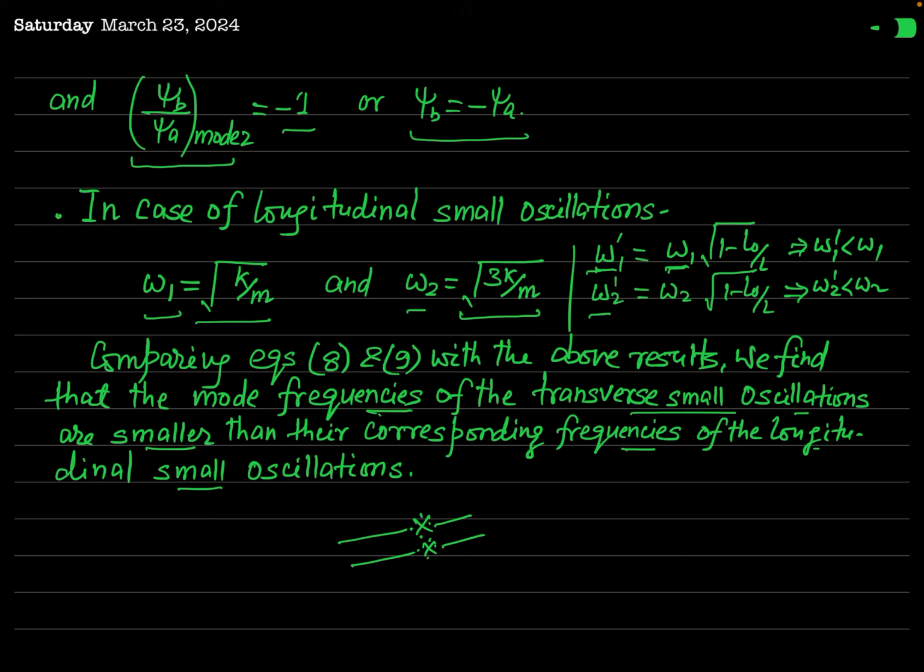So in this way we have completely discussed the concept of normal modes of oscillation of a system of two coupled masses in case of transverse oscillation and in case of longitudinal oscillation. In the previous lecture we discussed longitudinal oscillation, and in the present lecture we have discussed transverse oscillation.